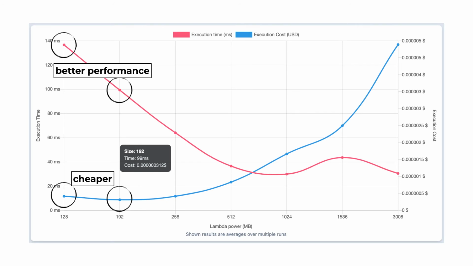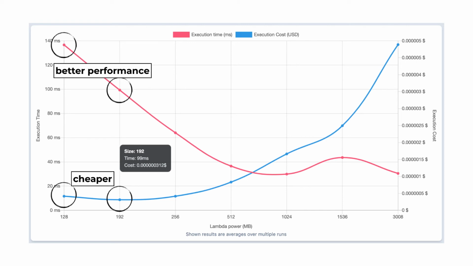You might see something interesting here, where by increasing memory from 128 to 192 meg, we reduce the average execution time from 138 milliseconds to 99 milliseconds, just under the 100 millisecond threshold. So we end up paying for 100 milliseconds of duration rather than 200 milliseconds, albeit at a higher memory setting. And the end result is that our function is actually cheaper and faster.